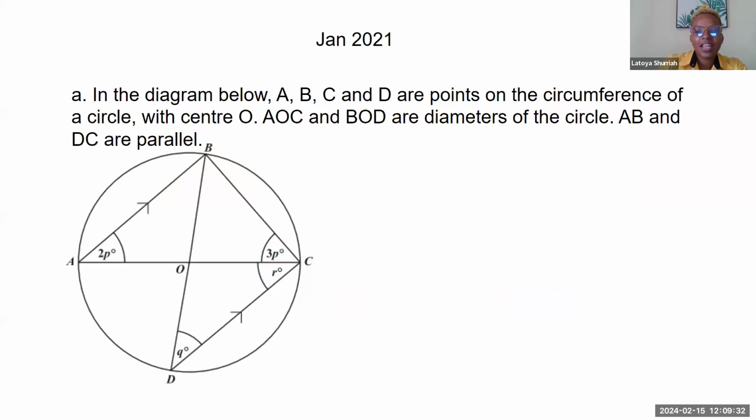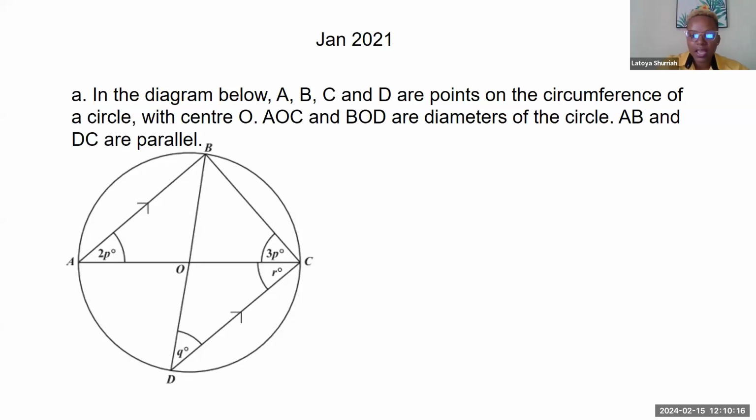So I'm placing this question here. In this diagram, you're seeing points A, B, C, D on the circumference of this lovely circle with center O. As you can see, AOC and BOD are diameters, and line segments AB and DC are parallel, which is indicated by the little arrowheads.